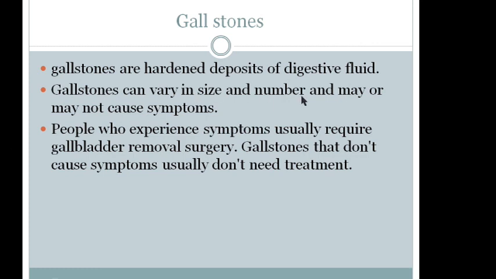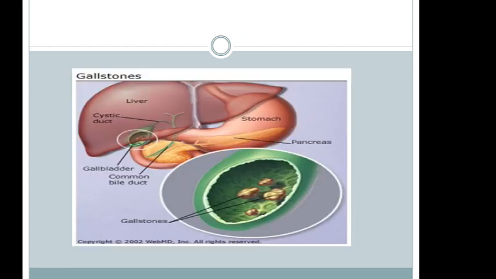This gallstone can vary in size and number and may or may not cause symptoms. When it is asymptomatic, you generally don't need treatment, and for those who experience symptoms, it is removed by surgery that is called cholecystectomy.